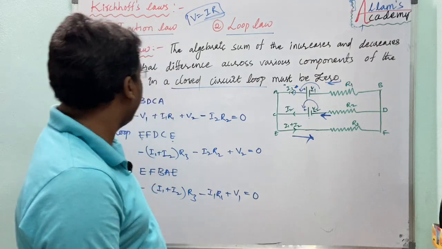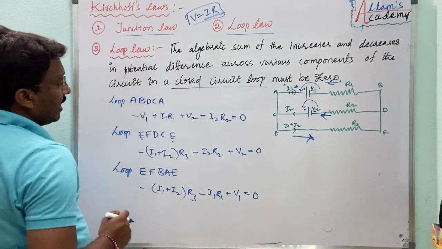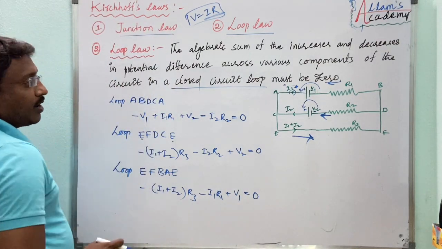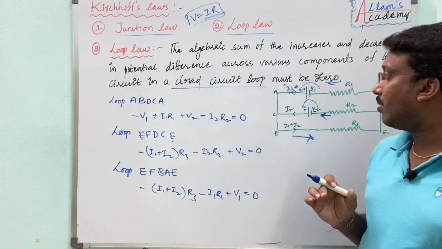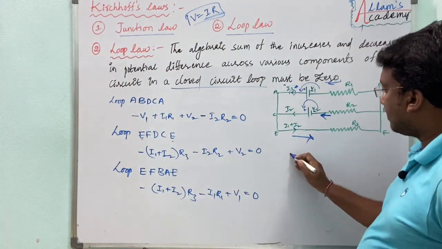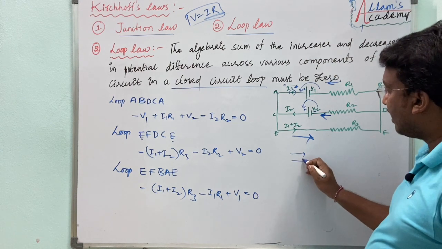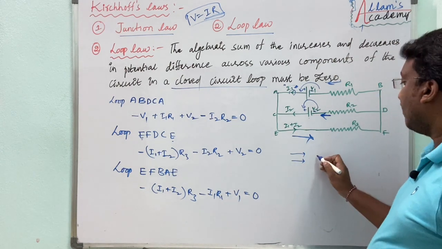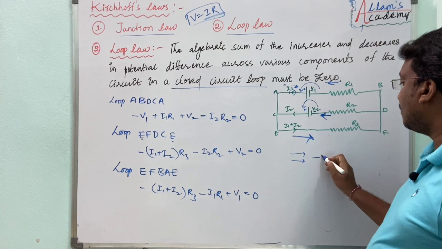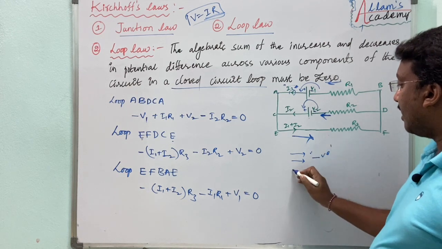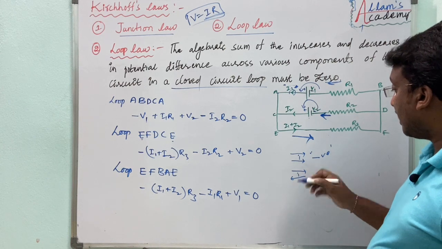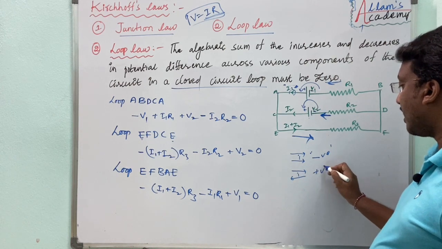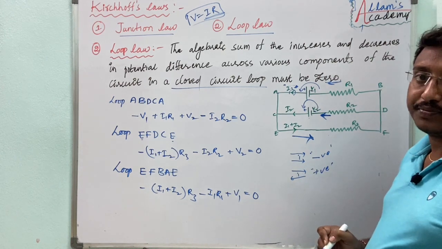In the loops A, B, C, D, A and the 3 loops you have been given here, very simple logic you have to remember. If our measurement and flow of current are both in the same direction, we should take negative, and if measurement and flow of current are in opposite directions, we have to take positive.